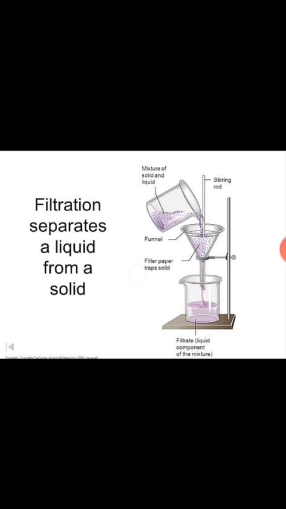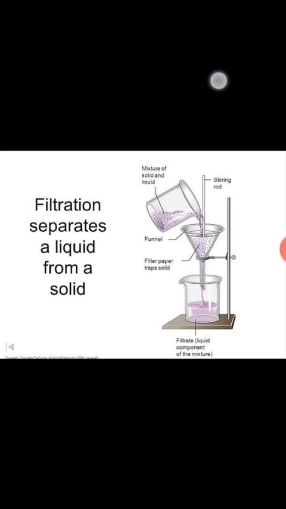So when we pour the mixture into the filter paper, the filter paper is like a semi-permeable membrane that can allow the passage of certain molecules. So we expect that only the water, that is the liquid, will pass through the filter paper, leaving the solid behind on the filter paper.